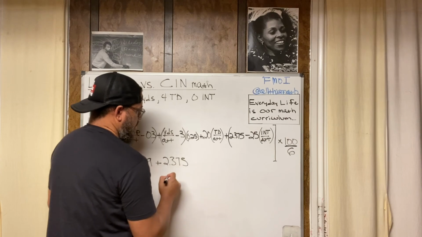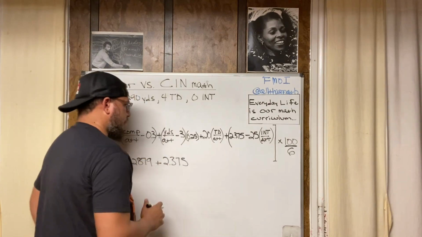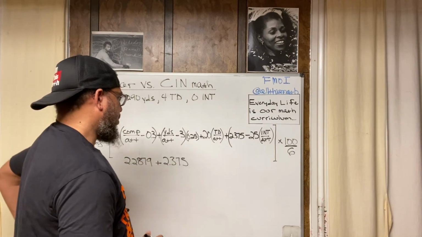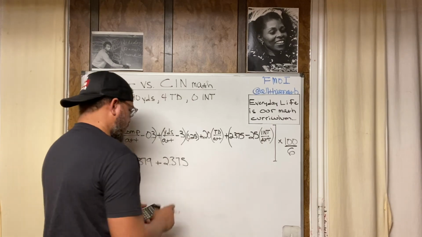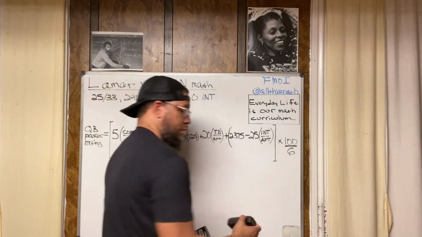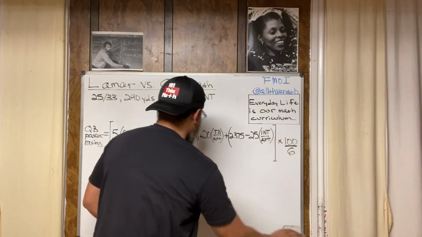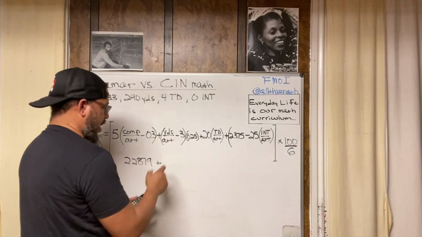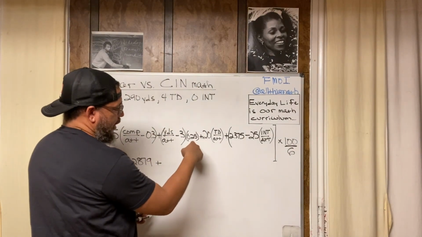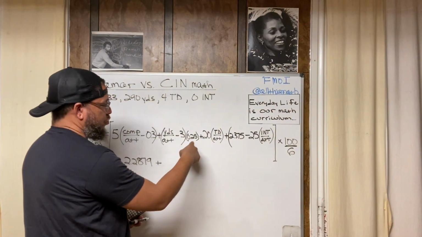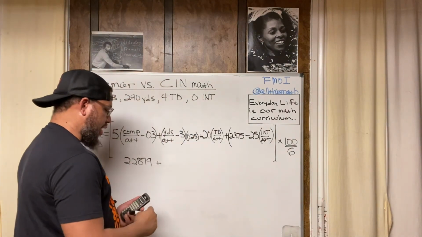2.375. Oh, you know what? Hold up. Maybe I'm not. I'm tripping. I forgot about this part. See, we learning together. I made a mistake. This part is equal to 5.7879, but I neglected to multiply by the 0.25. You got to multiply by 0.25 first.